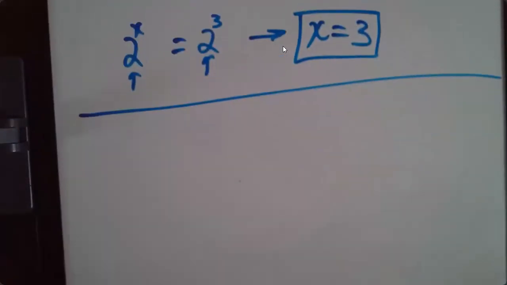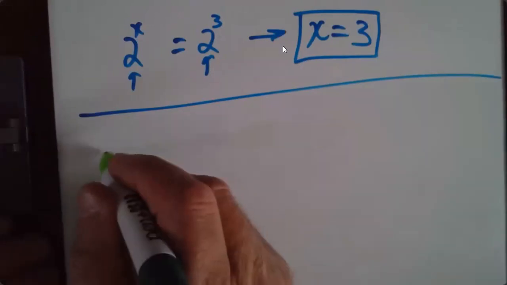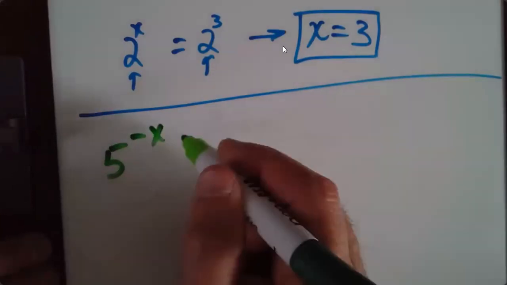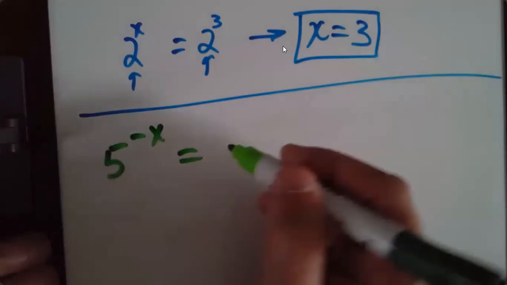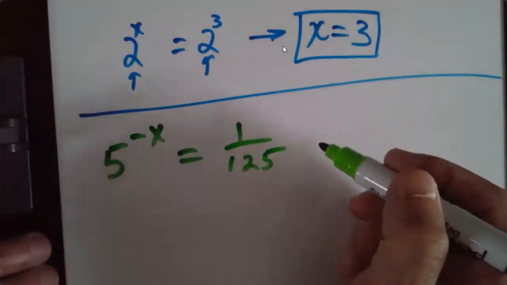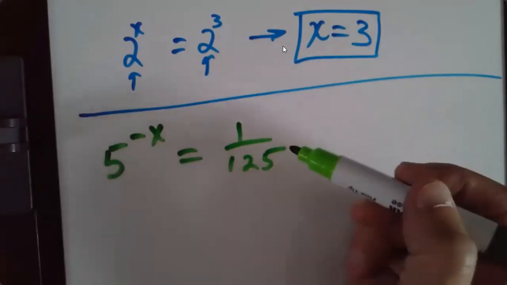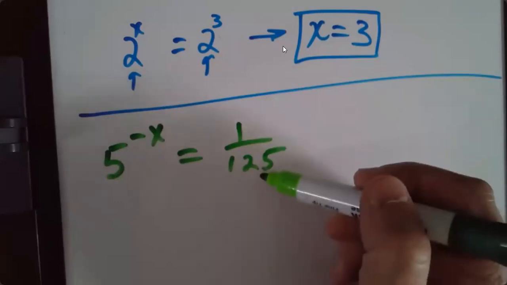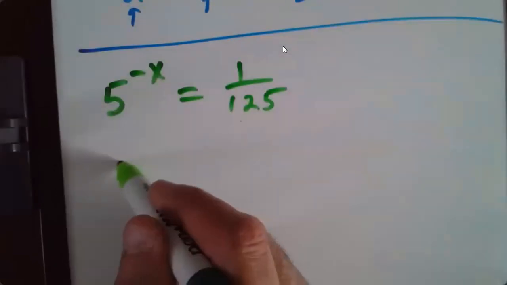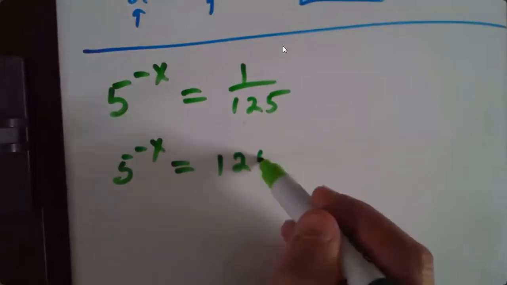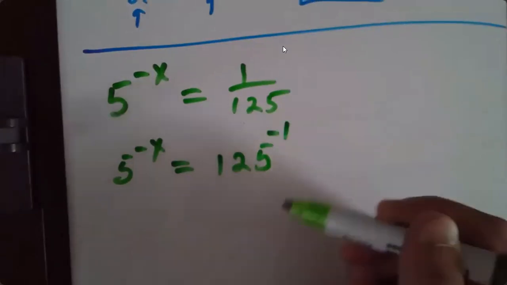All right, let's try another one. Let's say we have 5 to the negative x power equals 1 over 125. We want to change this fraction to a negative exponent. So this becomes 5 to the negative x equals 125 to the negative 1 power.